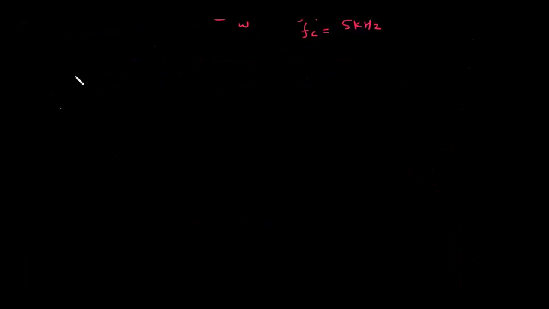So for sinusoidal pulse width modulation technique, you know that VAB is equal to M, which is modulation index, and your voltage is moving from plus VDC by 2 to minus VDC by 2. So it is M VDC by 2 into sine of 200 pi t, and it is in phase with your modulating signal.